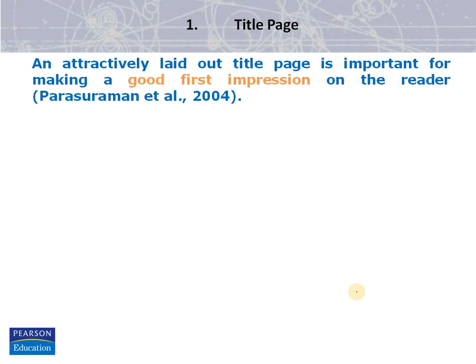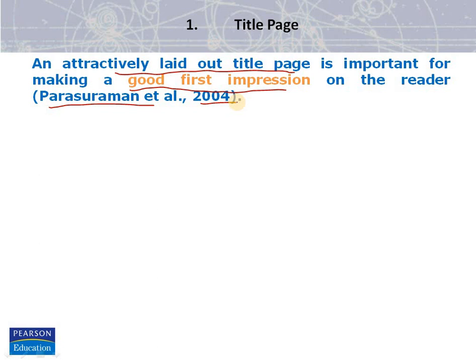First one is the title page. An attractively laid out title page is important for making a good first impression on the reader. As per Parasuraman in 2004, he has put an important thrust on the title page.